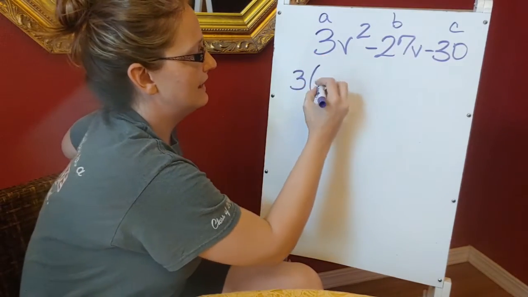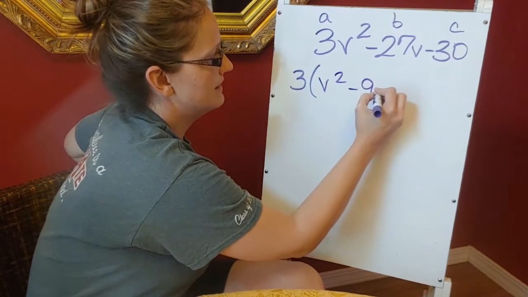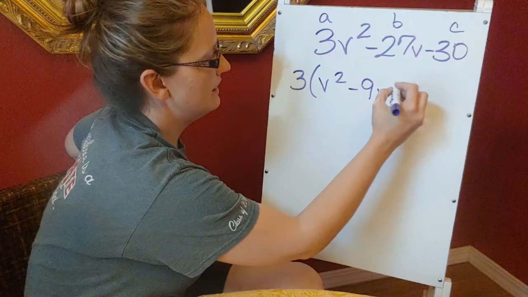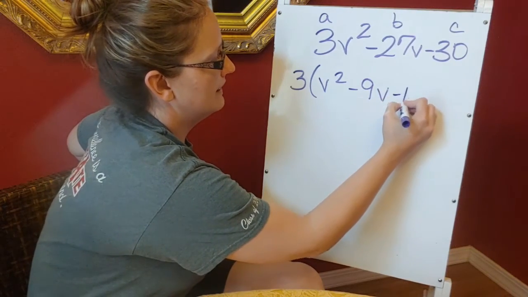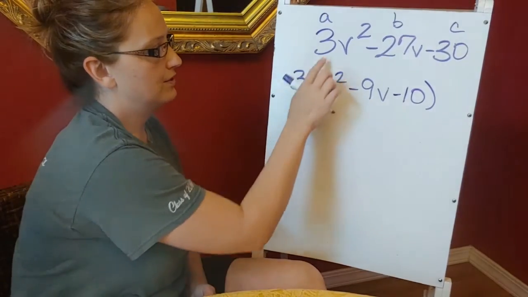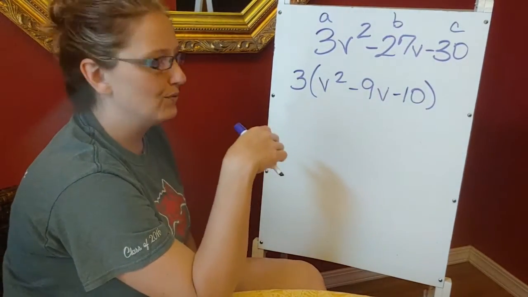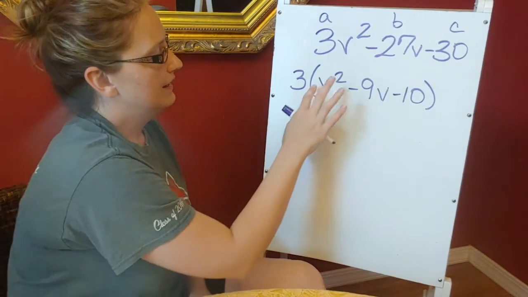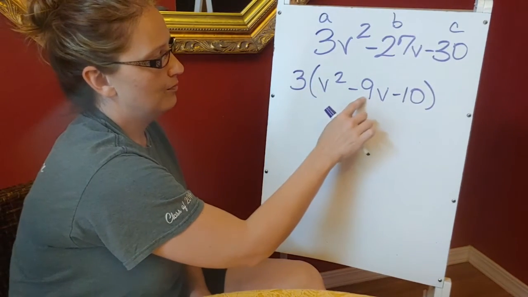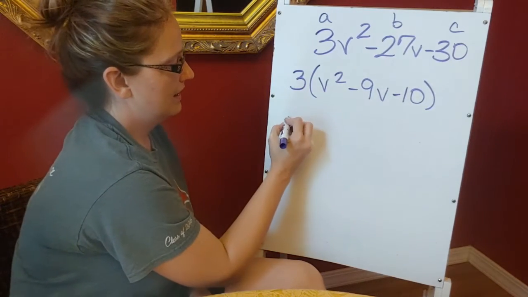So if I do that, I'm left with v squared minus 9v minus 10. Okay, so I've just factored a 3 from each one of these terms, divided each one by 3. That makes my A 1, my B negative 9, and my C negative 10.